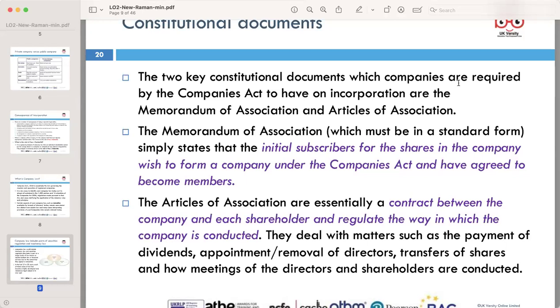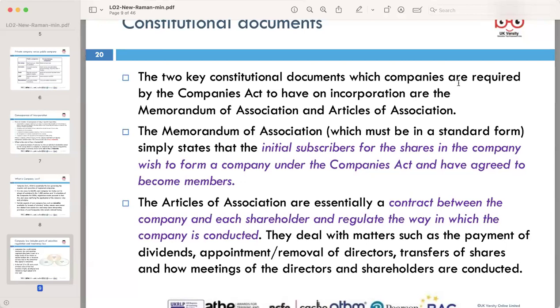Have you heard before about both documents? Yes, Hanesh. Yeah, one of them is just a formality listing the subscribers, members, and the other one states the regulation, basically their behavior.